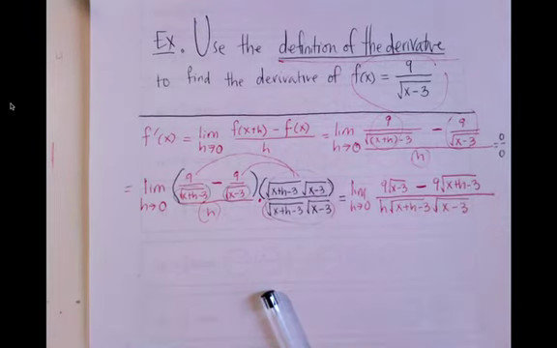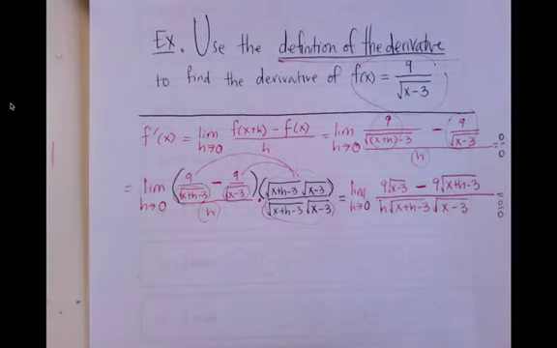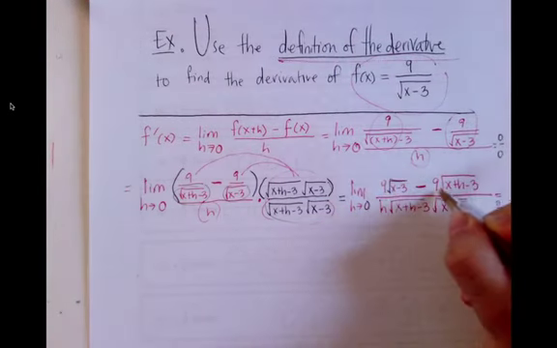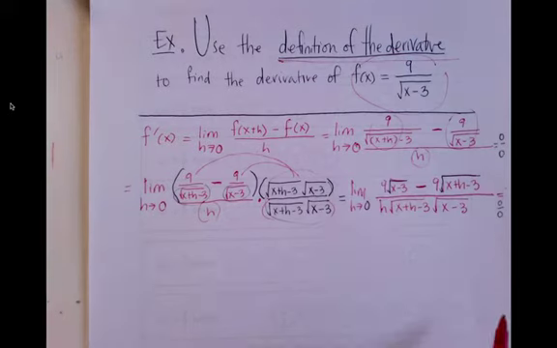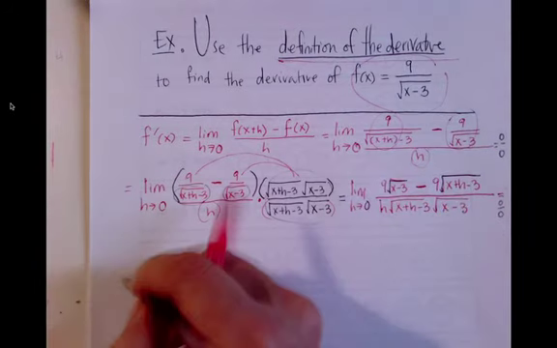Now I only have one fraction, but if I try to evaluate this by plugging in 0, I would still get 0 over 0. So one of the other techniques we used in section 2.3 was to multiply by conjugates, so I'm going to do that.